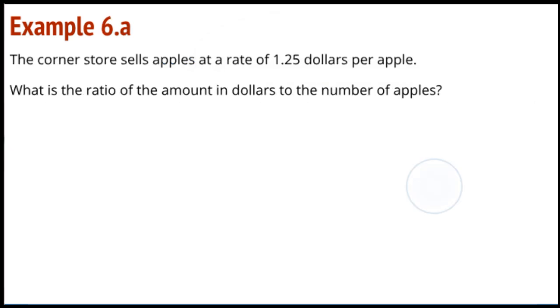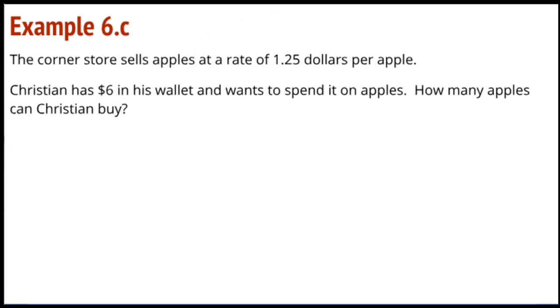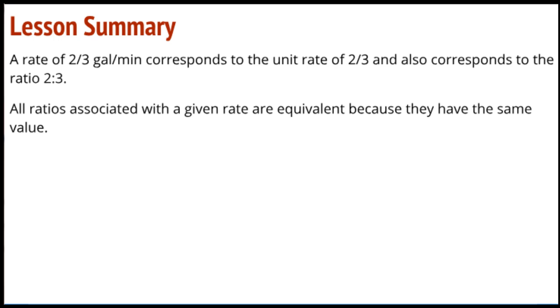So, of course, the big goal of the lesson is that we can go from a rate to a ratio. Somebody gives us a rate, we can turn that into a ratio, and we can then use our knowledge of ratios to answer a question. So a rate of 2/3 gallons per minute corresponds to the unit rate of 2/3, which in turn corresponds to the ratio of 2 to 3.